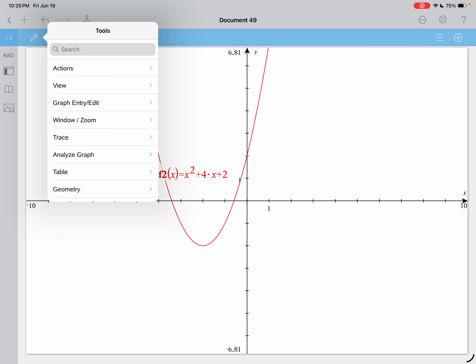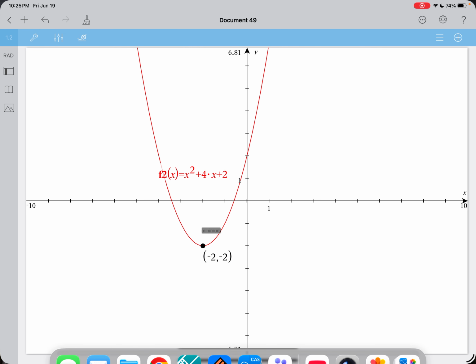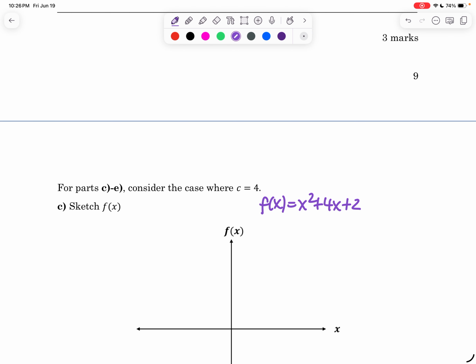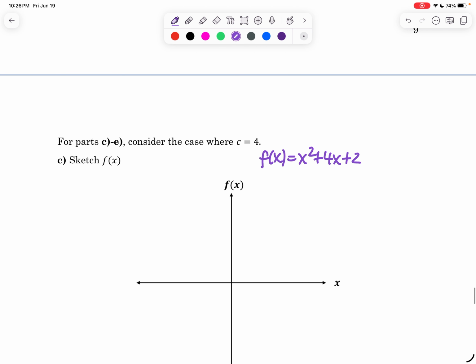Menu, analyze graph, minimum. Okay, minus 2, minus 2. Alright.